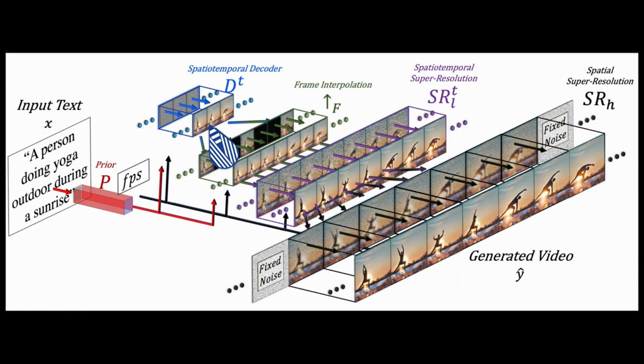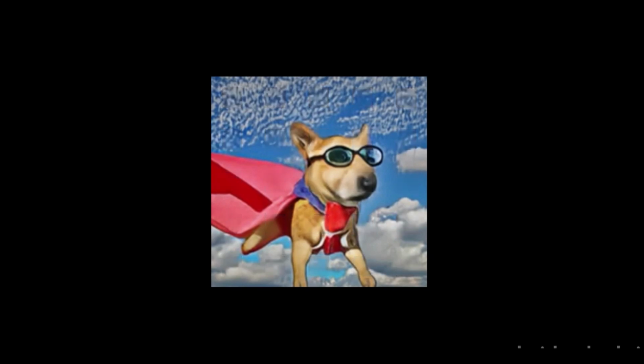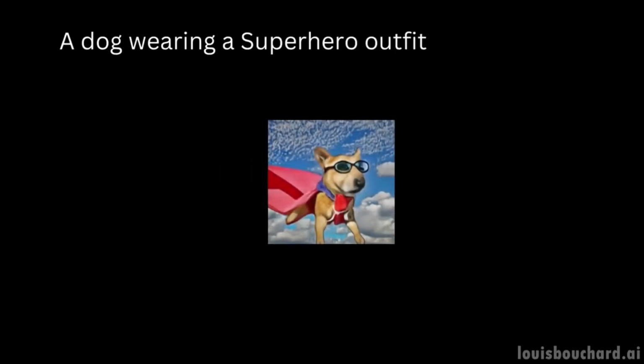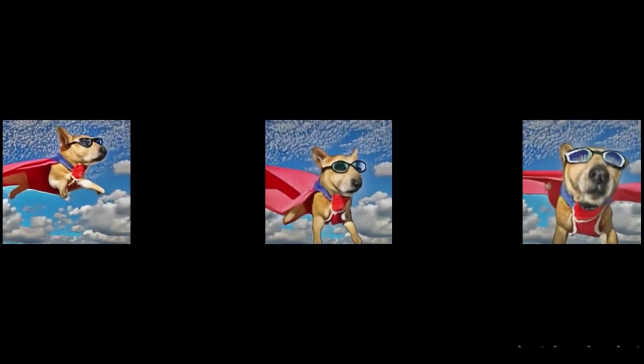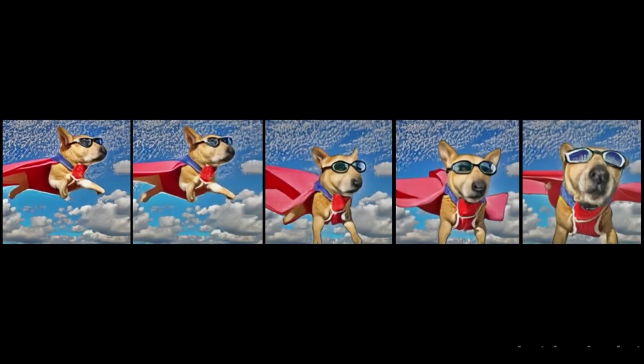The output is then passed through a temporal super resolution (TSR) model, increasing the number of frames to 32, 6 frames per second. Next, a spatial super resolution (SSR) model is employed, doubling the resolution to 80 by 48 pixels. These additional components enhance the quality and coherence of the generated videos, resulting in more realistic and engaging content.